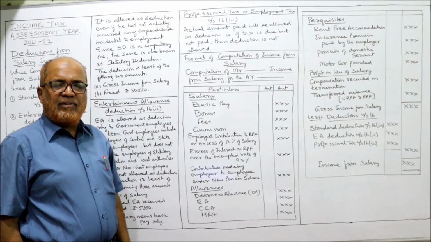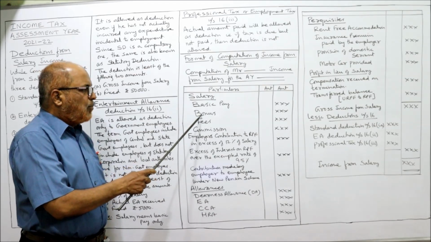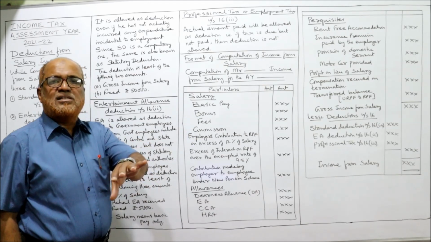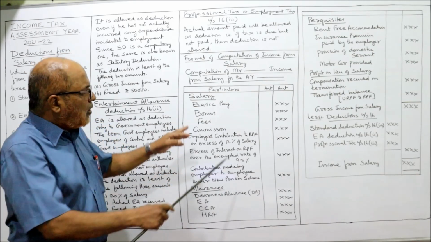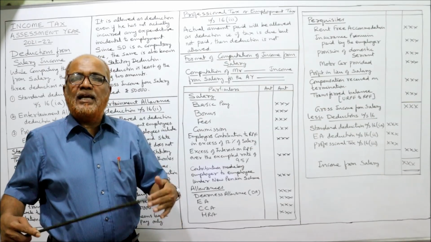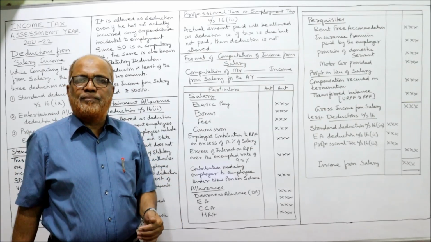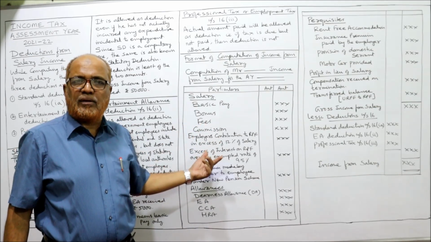Whoever is having income from salary, the first one is basic pay. Sometimes they will get bonus, fees, commission. If it is there, we will take. If it is not there, don't take. Don't think that in every problem we have to write the same thing. No. This is only an illustrative format to make you understand how it looks. That's why we are showing.